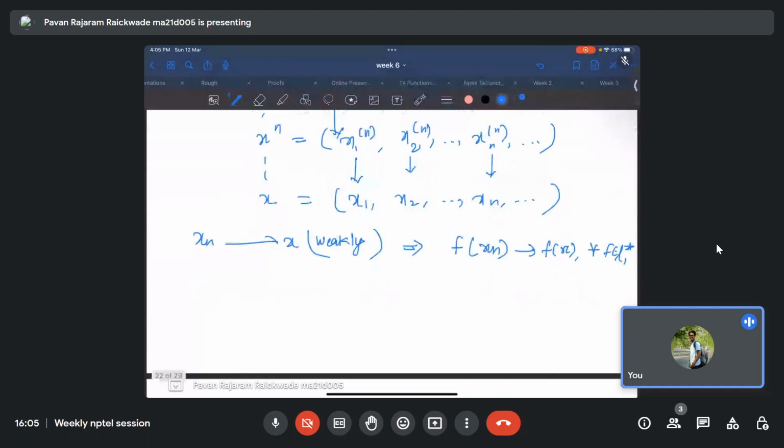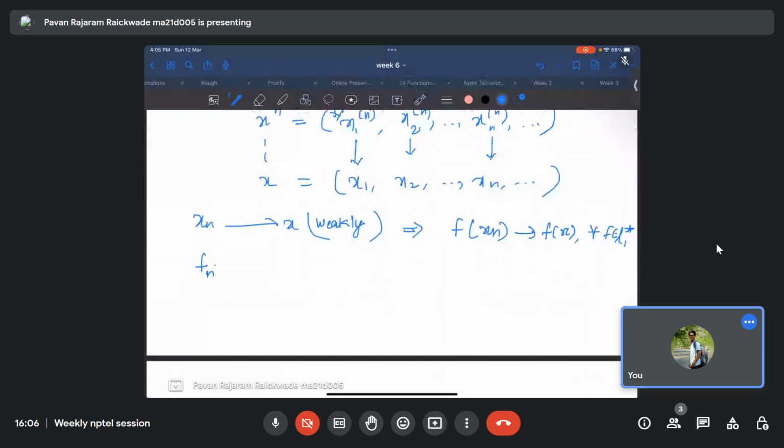Now, suppose I define fj from L1 to R as fj of any sequence x equals xj, the jth component of that sequence x. So this fj is linear and continuous, so fj belongs to L1 star.